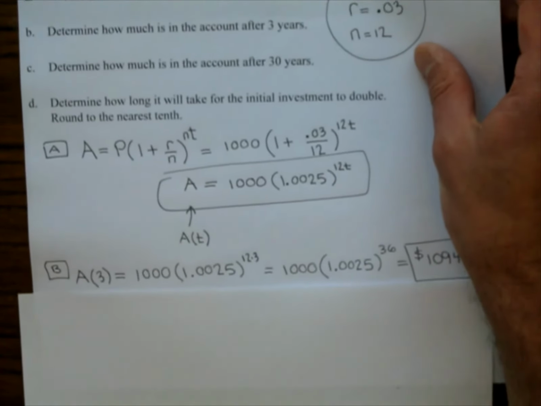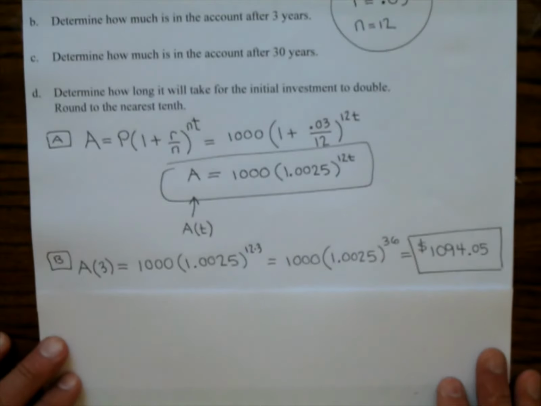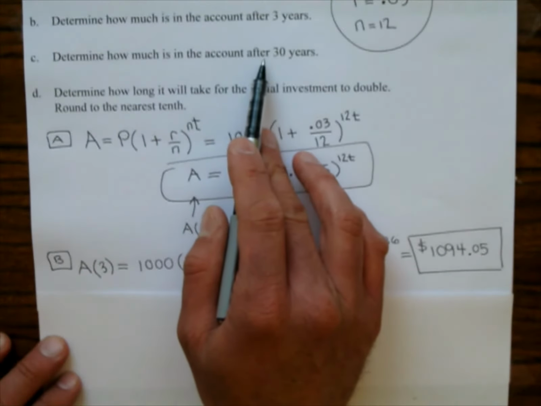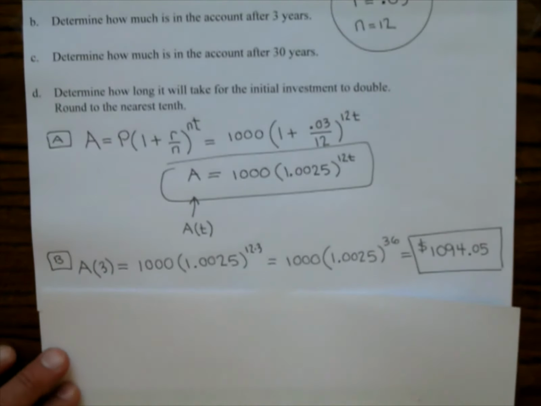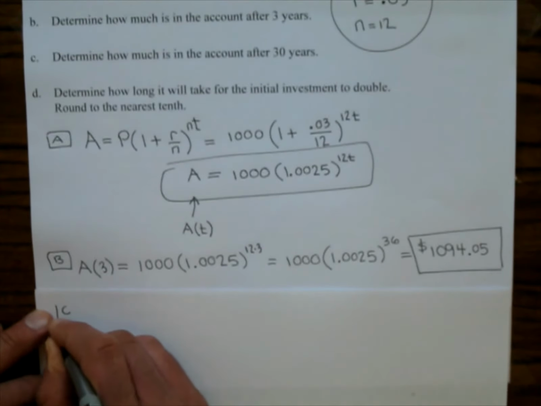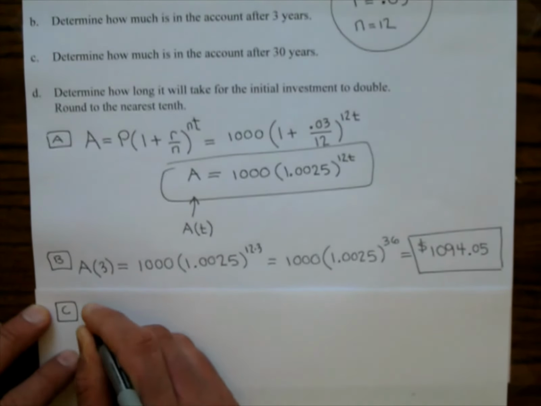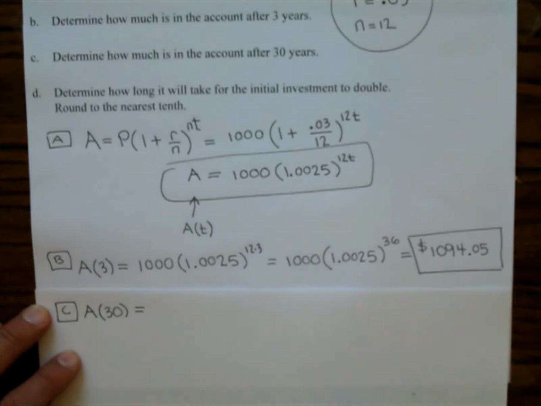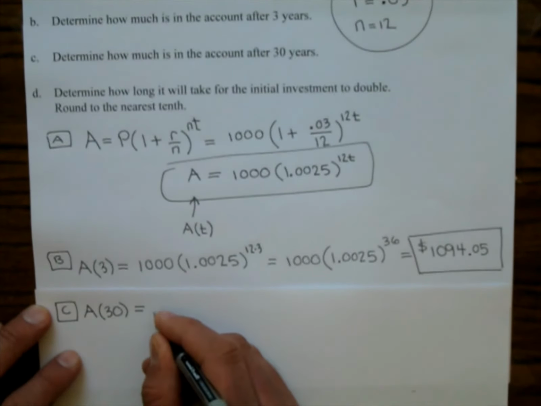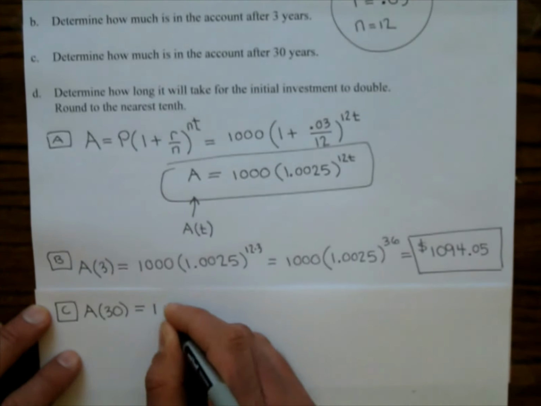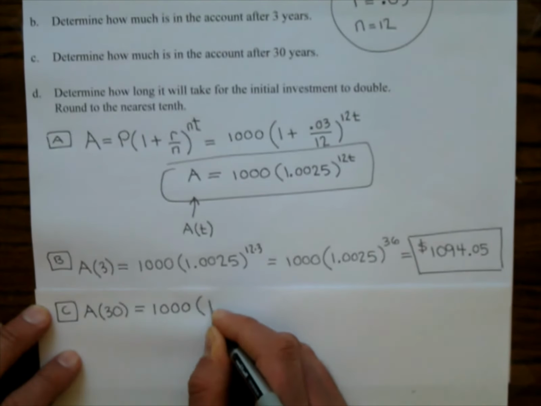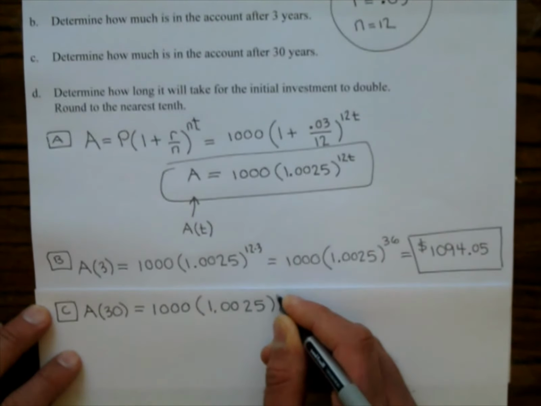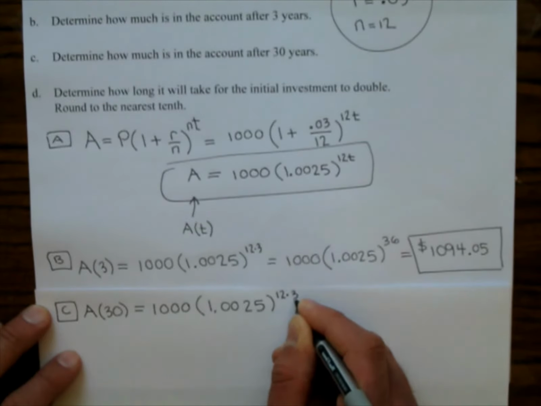Oh, okay. So actually, we better leave this like this, because part C says, determine how much is in the account after 30 years. So after 30 years, you're going to put 30 into the function. Time is measured in years in these problems. So you're going to go 1,000 times 1.0025 to the 12 times 30.